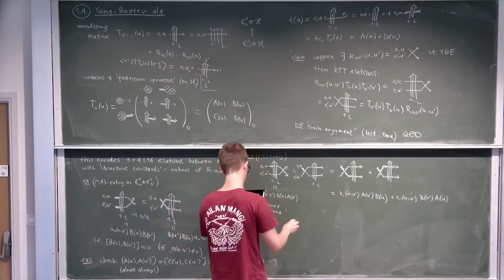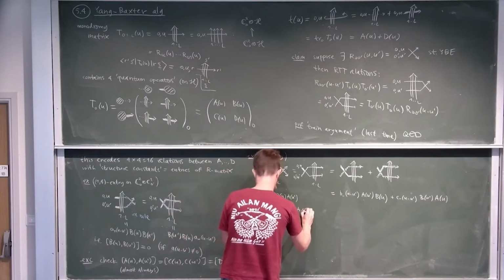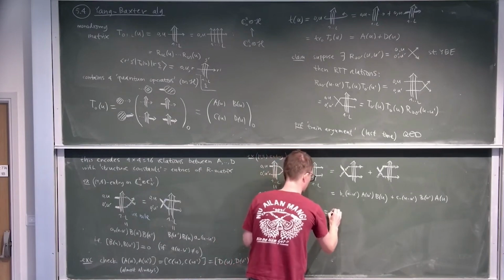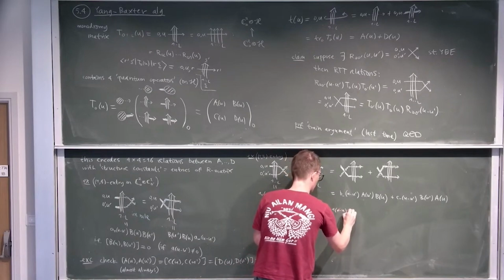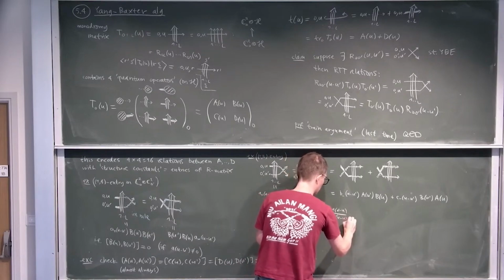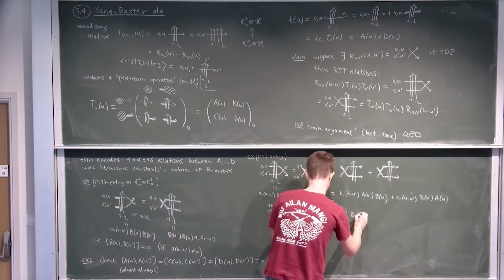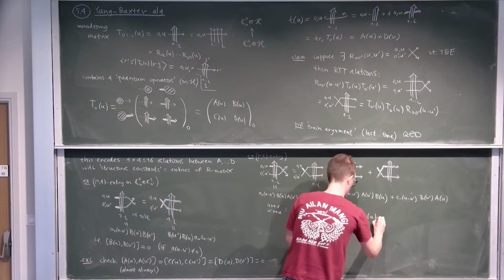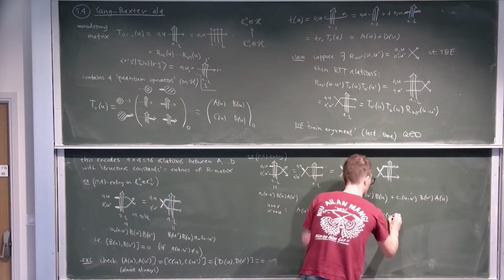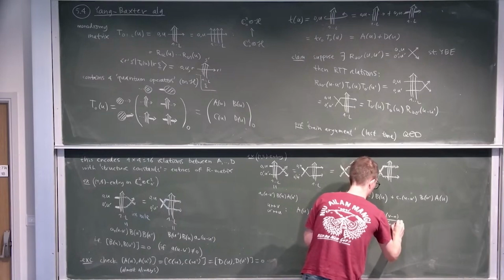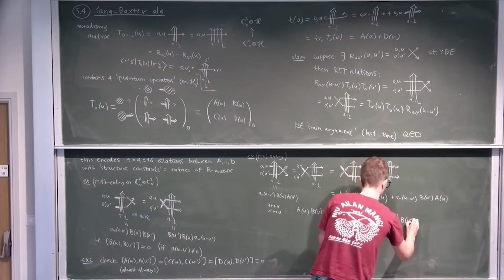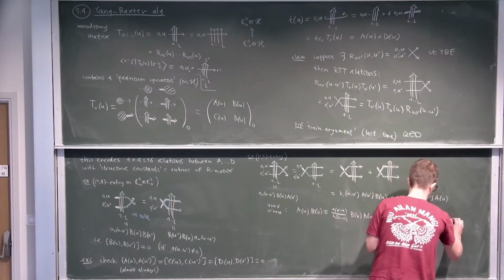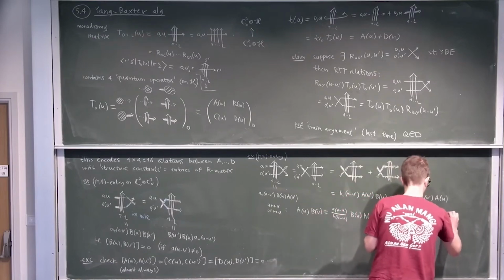Then the relation that I found is that A of u, B of v is equal to A of v minus u over B of v minus u, then the B of v A of u, minus C of minus u over B of minus u, and then we have the B of u A of v, and this is almost always, let's say, right, provided I'm allowed to divide by this B.